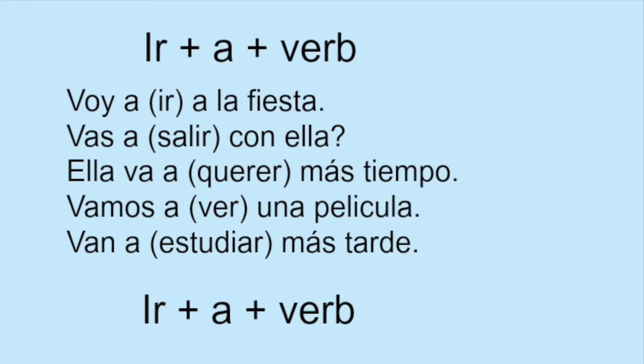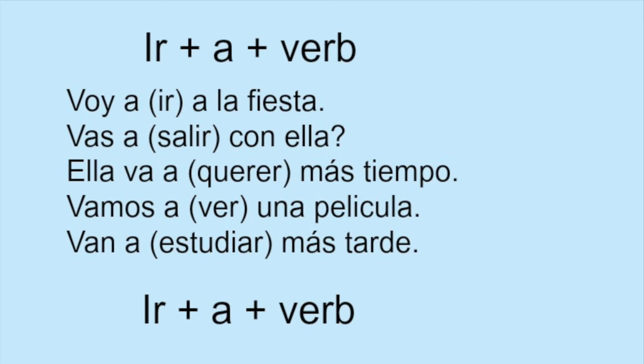You have I'm going to go to the party. That's the first sentence here. Voy a ir a la fiesta. So you see voy, I'm going. A is just the connector. And then you have to go, which is ir. Voy a ir a la fiesta.